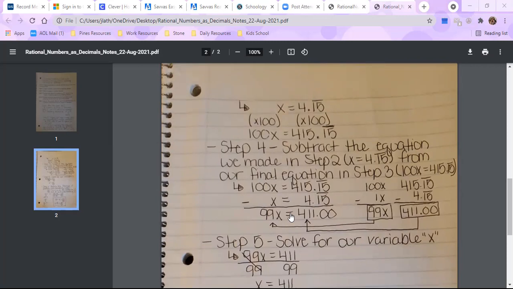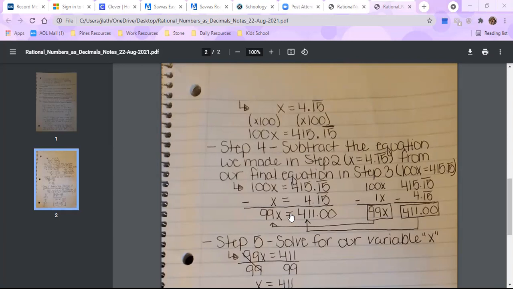What is 100x minus x? 99x. What is 415.15 repeating minus 4.15 repeating? It is 411. No decimals anymore. All right. So now we have 99x equals 411.